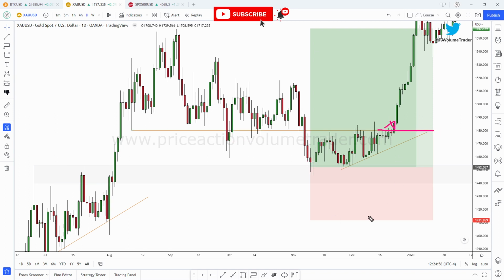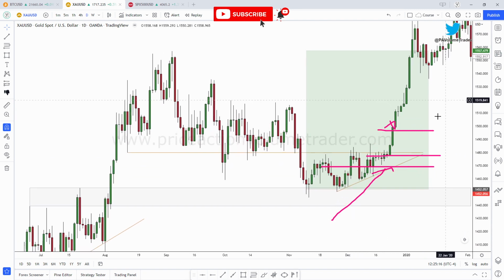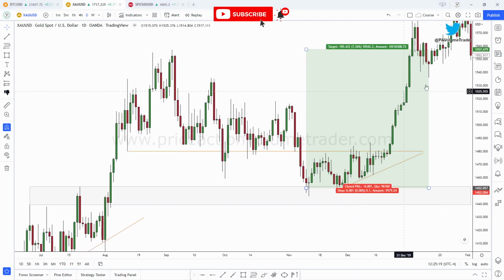Once you get this confirmation, then you bring your stop just beyond the swing lows, or if you want to be even more aggressive, maybe up to here. So then, that's when you go like this, and now you have your stop loss in profit, and then you just let the market ride.